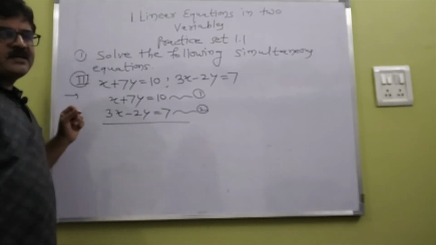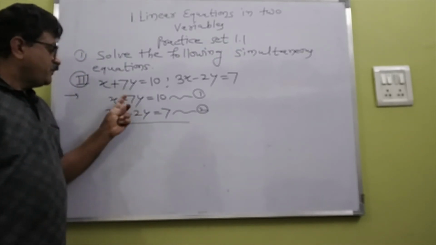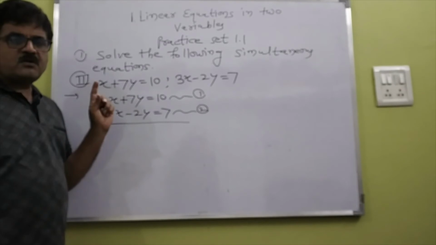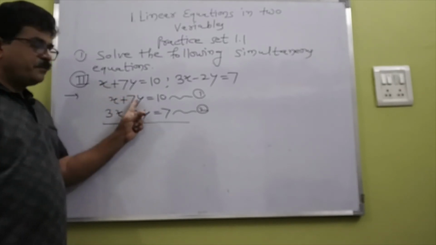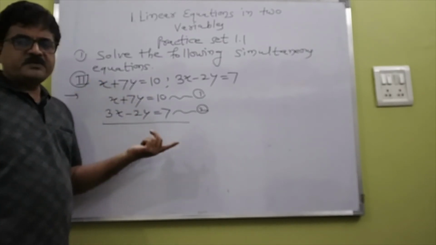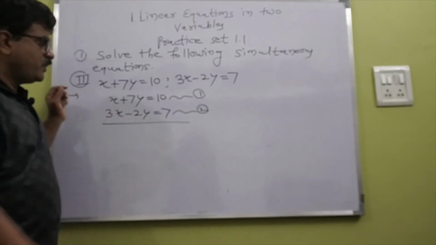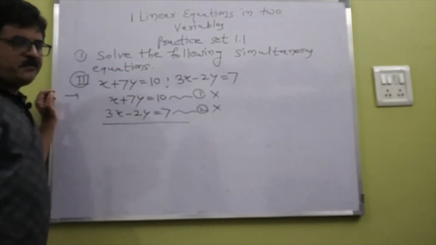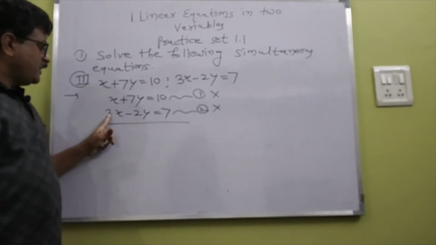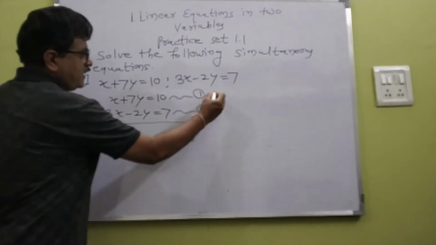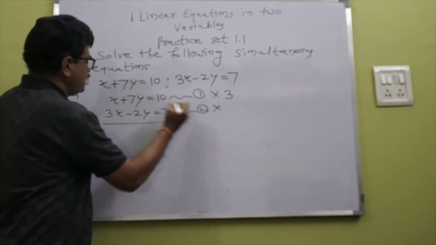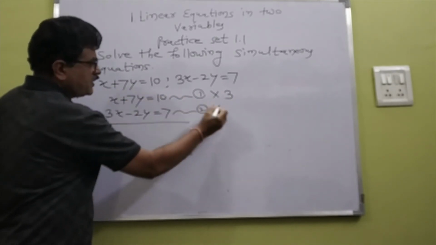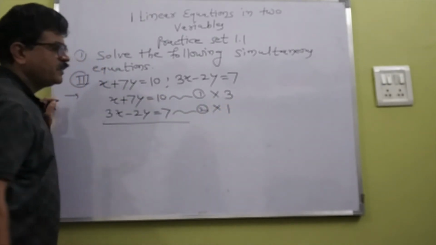Now what is the next step? Now see whether their coefficients are equal or not. Are they equal? No. If their coefficients are not equal, we have to change them. Their coefficients must be equal. Multiplying equation 1 by 3 and equation 2 by the coefficient of x, which is 1.